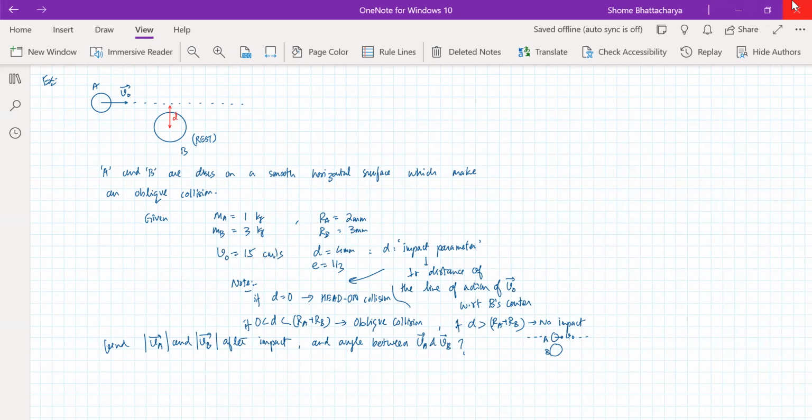So basically draw the two objects as they're coming in contact, and from that diagram with the values of impact parameter D and R1 and R2, you should be able to understand what angle the line of impact lies at with respect to this initial velocity V naught. Okay. So that's one critical thing.